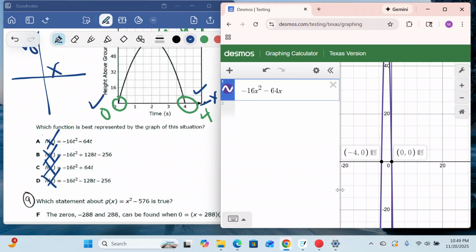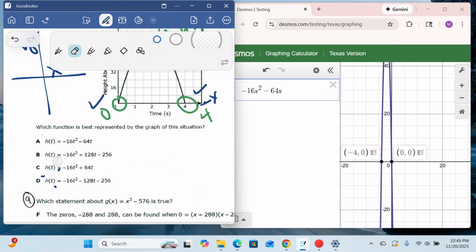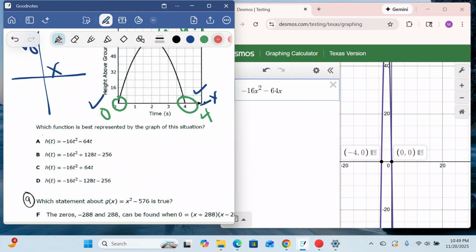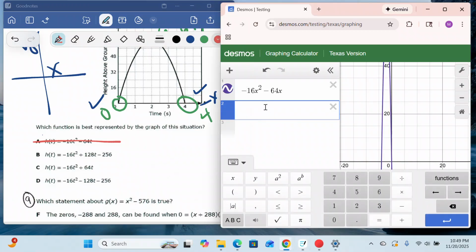This does not have a 0 at negative 4. It actually has a 0 at 4. So this one would be wrong because it has a 0 at negative 4. It doesn't have a 0 at 4. Then I'm going to leave it there because there could be an issue that I don't input it correctly.